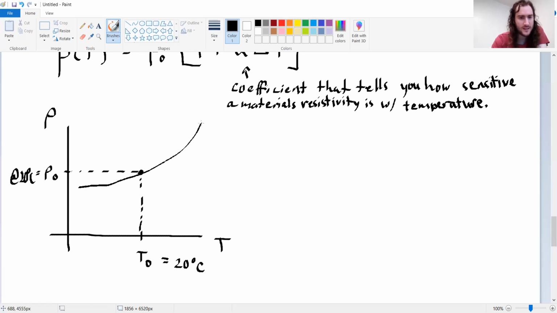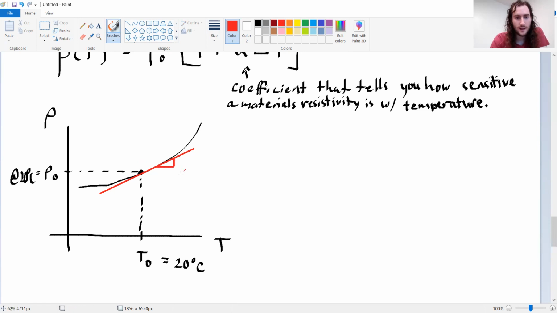And so the resistivity depends in the following way. It's kind of this curvy function here, but as long as your temperature changes are not very large, then you can have a linear model like this. And the slope of this line here is alpha.